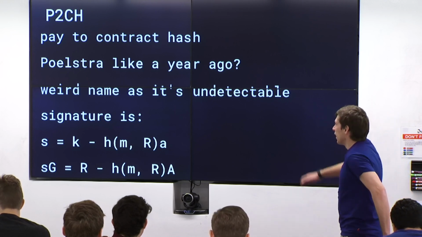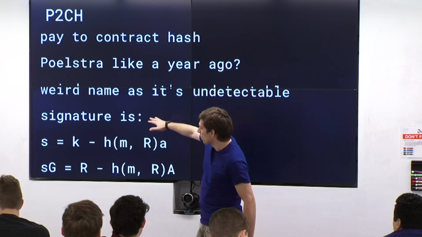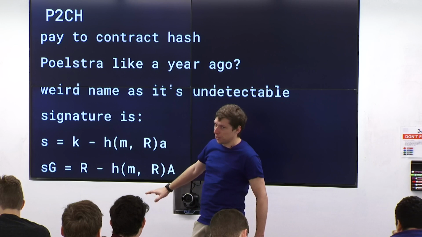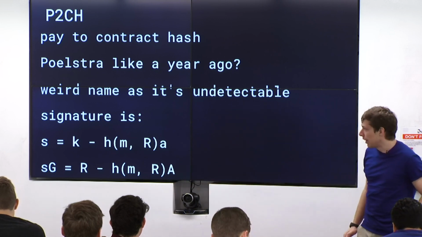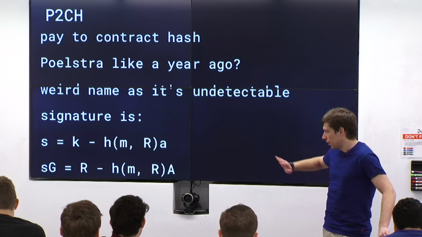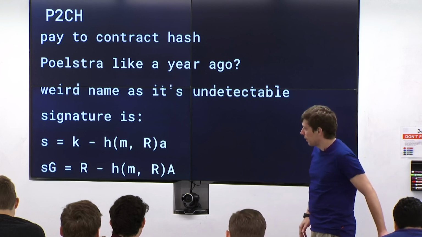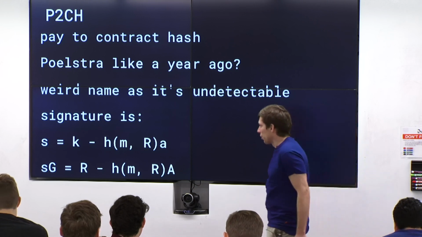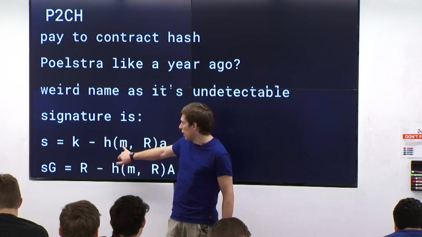Okay, so it's a weird name as you can't actually detect the contract, you're not paying to it, but okay, to review. I'm going to use Schnorr signatures. This still works in ECDSA, but ECDSA is weird and annoying, and it also makes more sense in Schnorr signatures, so I'll explain that. But it totally works in ECDSA today. So the idea of the Schnorr signature is, okay, this is my private key. This is the message I want to sign.